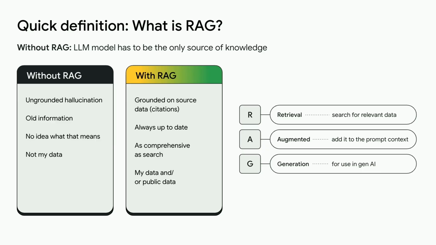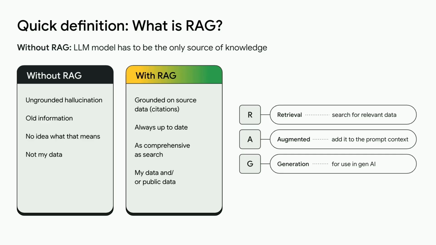So if you have something very specific to a company use case, or certain terminology or jargon, Gemini by itself is not going to know what that stuff means. You have to feed it the information to say, okay, this is what such and such terms apply to.